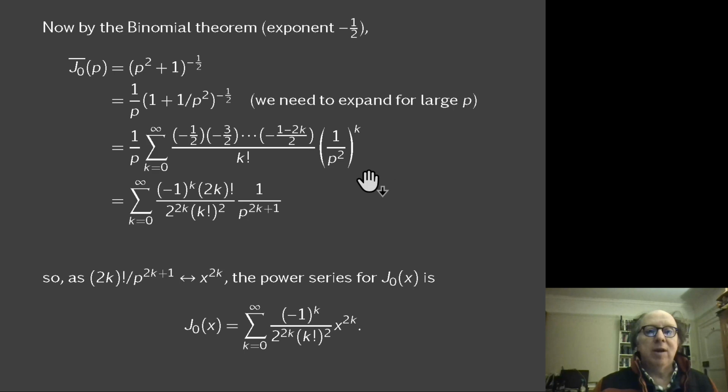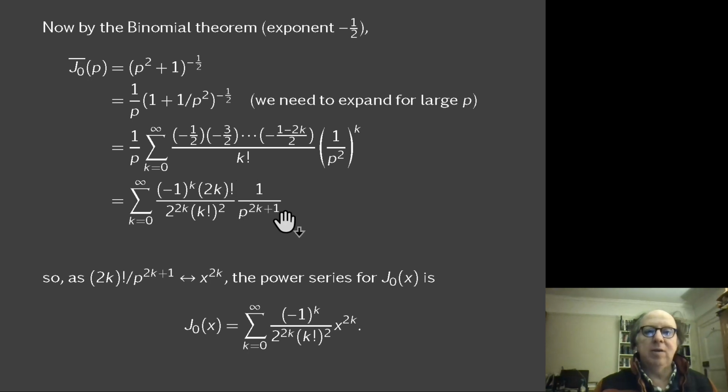Now you stare at that for a little bit and you realize that if you multiply the top and bottom by k factorial, and by 2 to the power 2k, what you have here are 1, 3, 5, 7, 9 up to 2k minus 1, with a minus 1 to the k in front. And if you put the even numbers in, that's where the extra k factorial comes from. That makes this into a 2k factorial on top and k factorial squared on the bottom. In other words, the other k factorial on the bottom is cancelling with all the even numbers in this product.